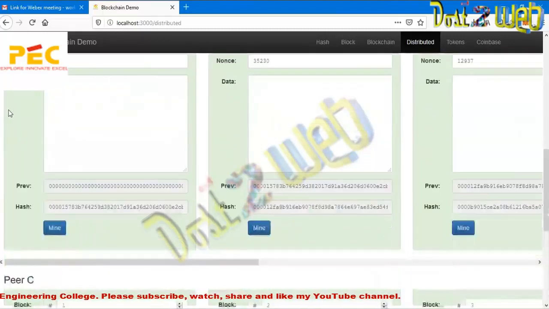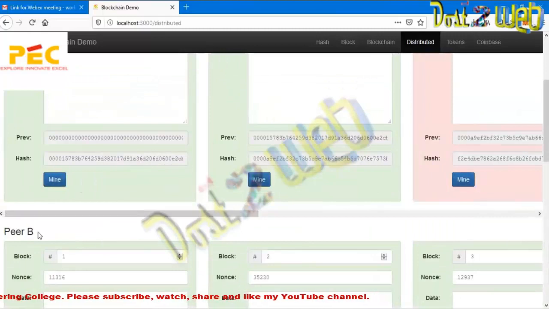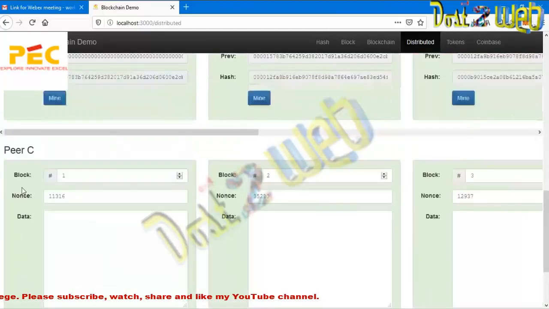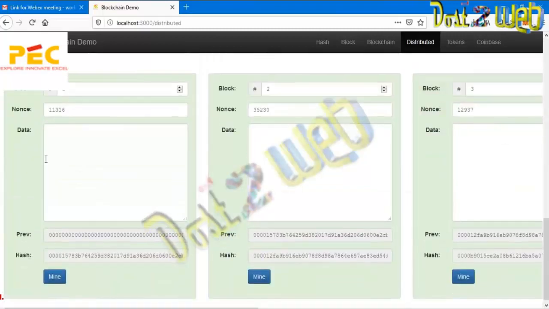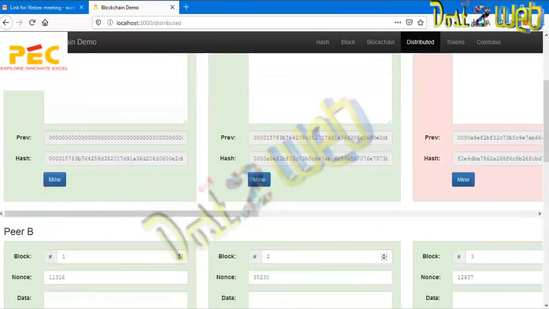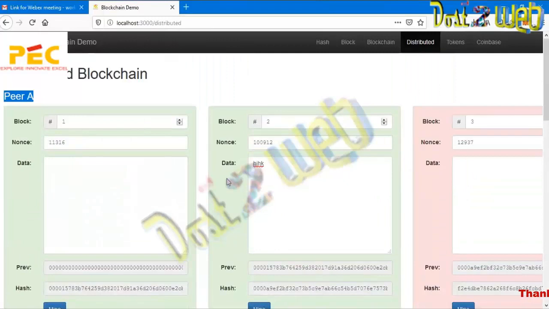So what he needs to do is convince either peer B or peer C to make the same change that he has done in this block. If he is successful in convincing peer B or peer C to do all these computations for him, then in that case a 51% attack, one of the most commonly known attacks on the blockchain, might be possible. But theoretically, only this attack exists.